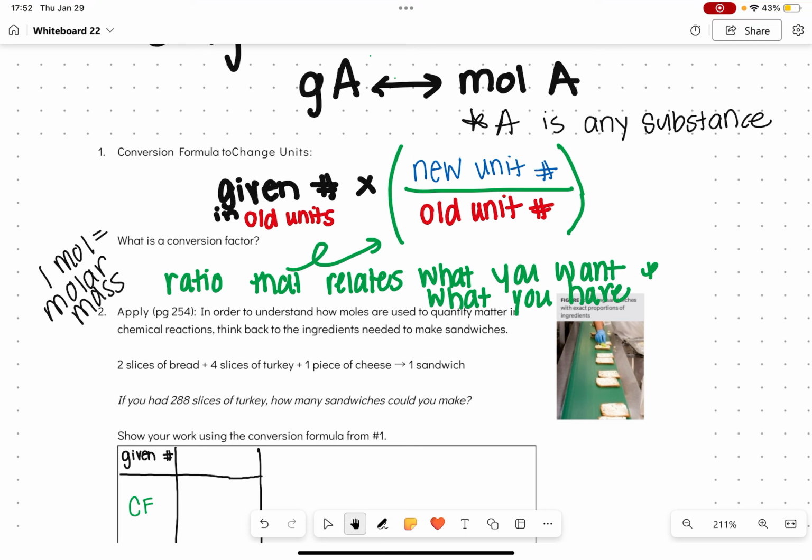And so when we go to set up our numbers in our conversion factor, the number with the unit of what I am starting with needs to go on the bottom so that it can get canceled out. And what I want to find, what they're asking me to find, is my new unit. So I want to put that on the top in that set of parentheses so that the unit remains.